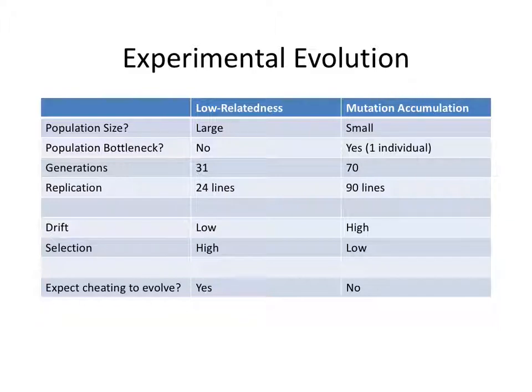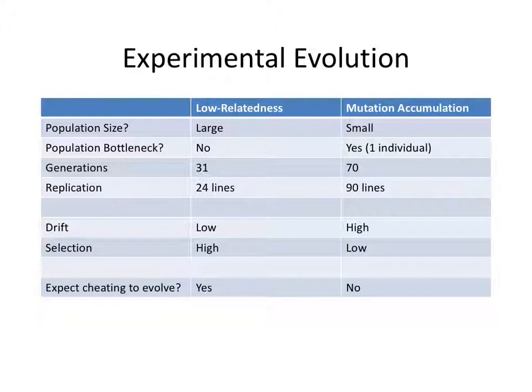This is a situation where natural selection doesn't act, because it's artificial selection. The experimenters are picking one individual from a huge population to be the founder of the next population. So that's the opposite of natural selection. There's no opportunity for cheaters to be disfavored in small populations, because it doesn't matter if you're a cheater. If you happen to be the one individual that gets picked by the experimenters to found the next generation, that's great.